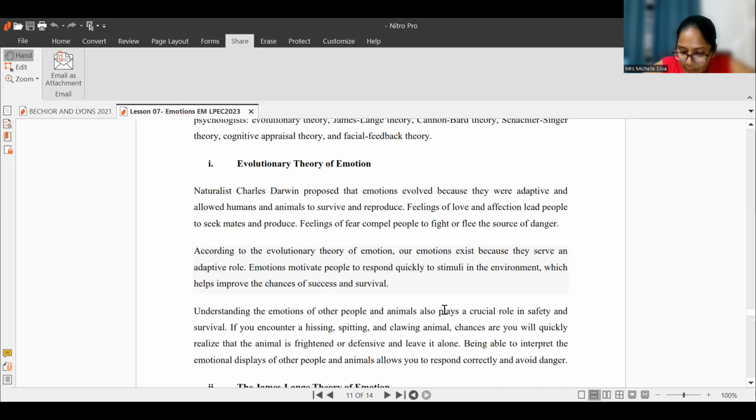Moreover, he said for the survival and the reproduction of human beings and animals, emotions are highly required.